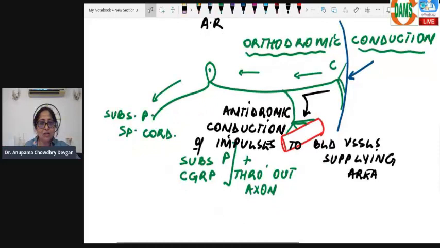Remember I told you substance P and CGRP are present all over the axon.